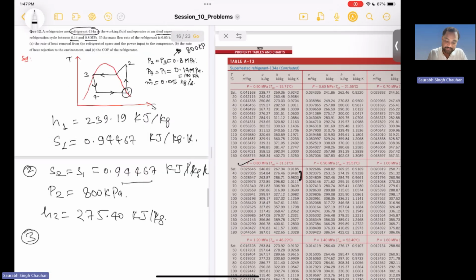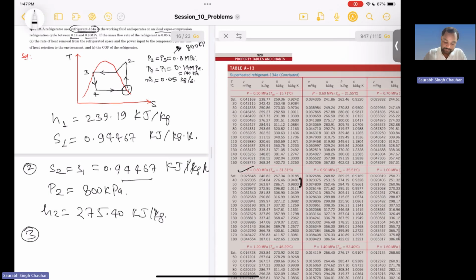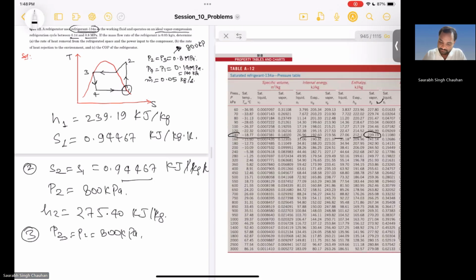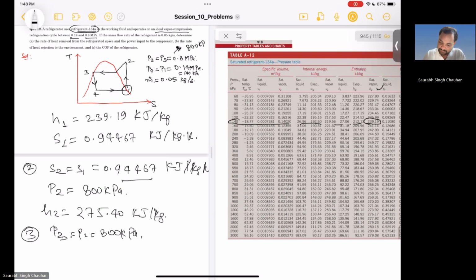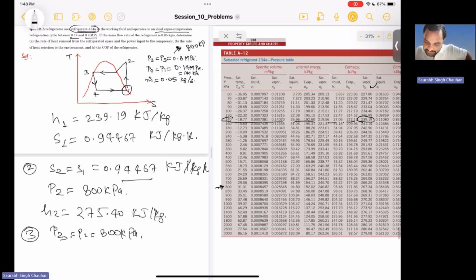Now coming to point 3. This point 3 is saturated liquid. Again, the pressure is 800 kilopascal or 0.8 megapascal. But you'll have to use the saturated liquid table. The pressure is 800 kilopascal, this table. We have to find the enthalpy of saturated liquid.